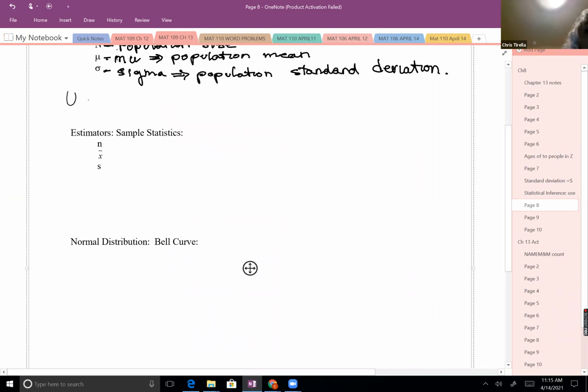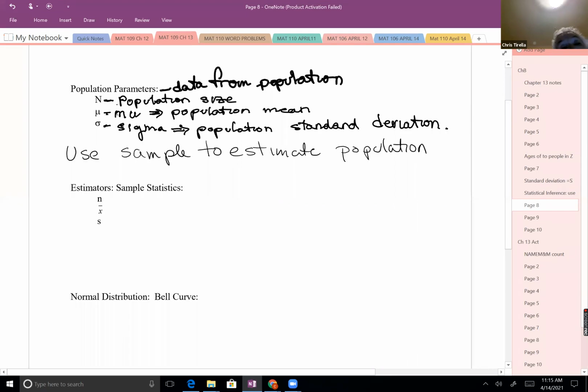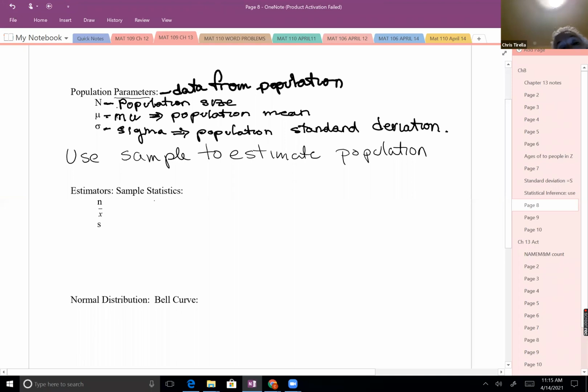We use the sample to estimate the population. And with a population, the values are called parameters. With a sample, they are called statistics.